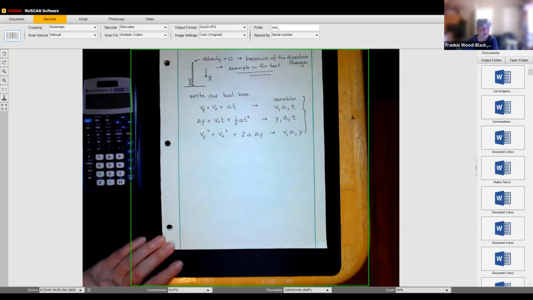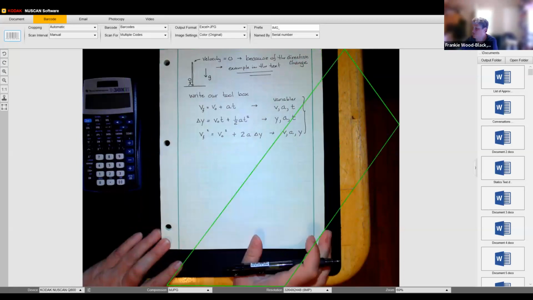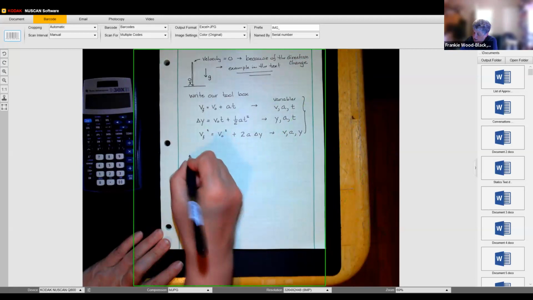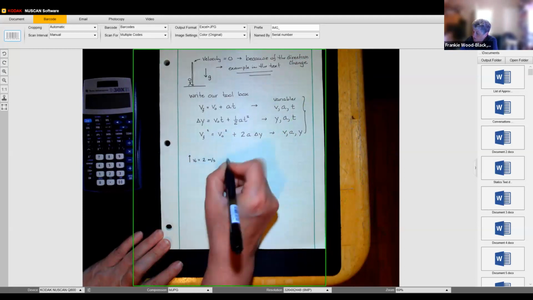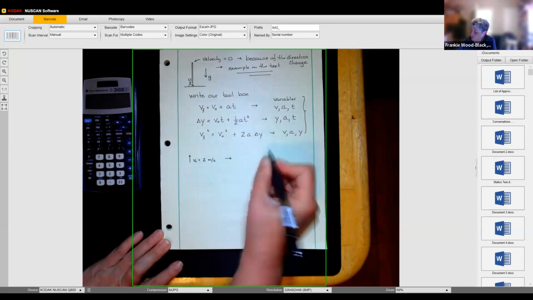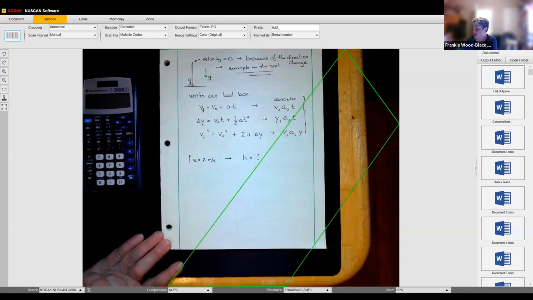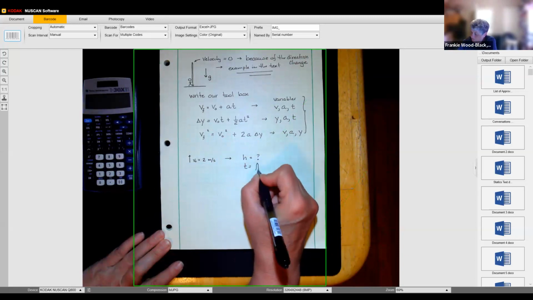So I get that direction change. So now if we say we're going to toss the ball up with initial velocity of 2 meters per second, we can determine the height and we can determine the time that it takes for it to go up and come back down.